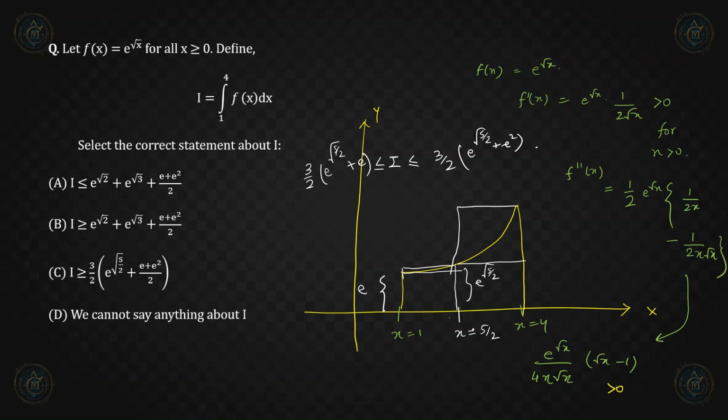Now the question is, how will we form the trapeziums here? If I take the midpoint of the interval 1 to 4, then we get this point, 5 by 2 comma e to the power root under 5 by 2. So from this point we join this point, these two vertices we join together.